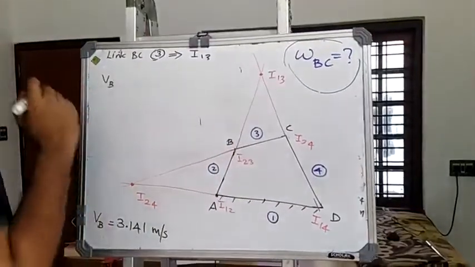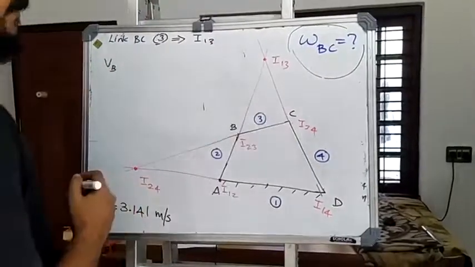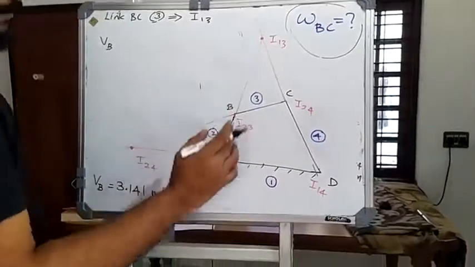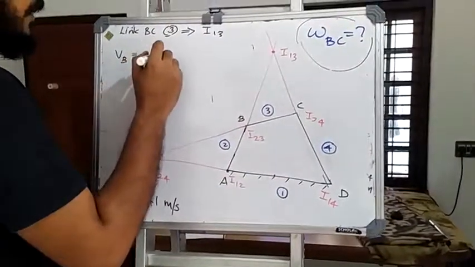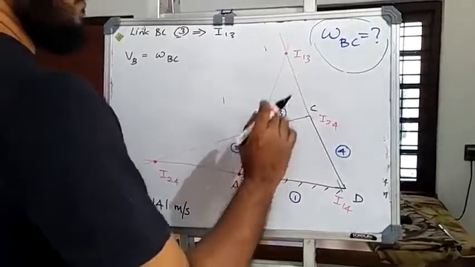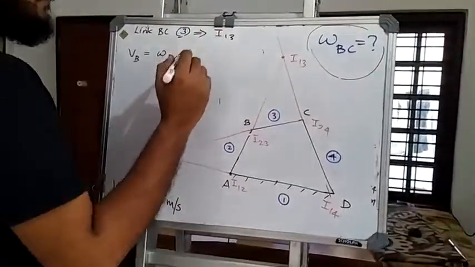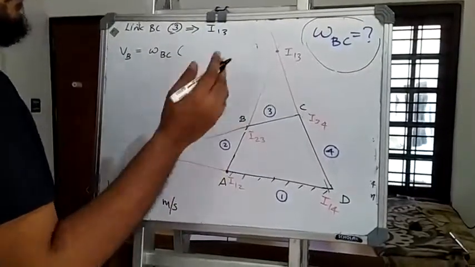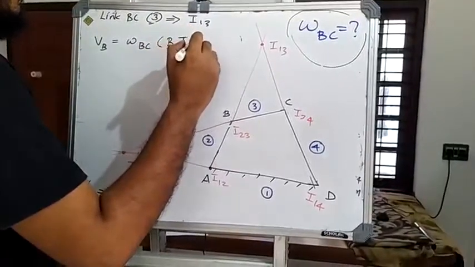So with respect to link BC, corresponding to the same equation that we have written previously, we can write VB should be equal to the product of the angular velocity of that particular link multiplied by the distance of the point from its eye center. That means omega BC multiplied by BI13.